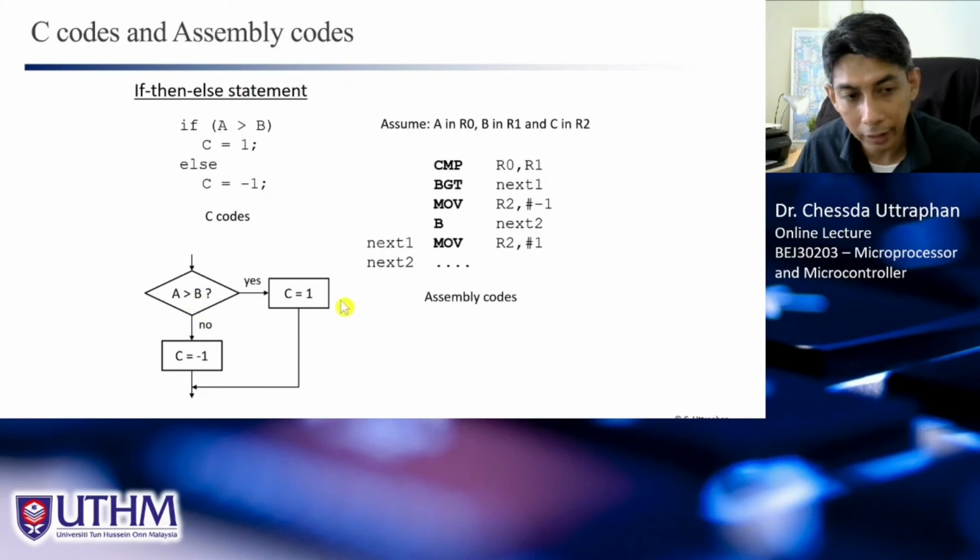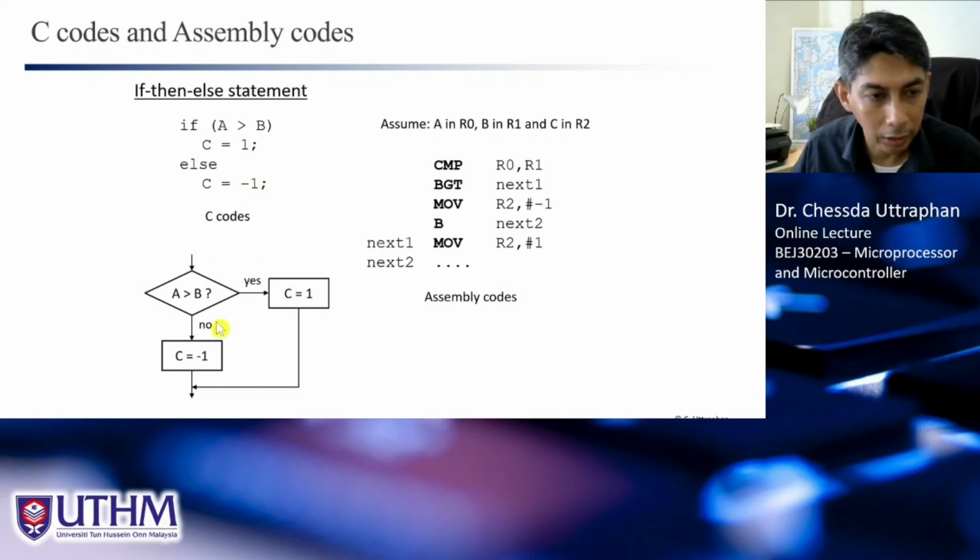For example, we have the condition and the flowchart like this, or in C programming, an if else statement, for example, right? When we compare in C programming, if A greater than B, we do this, C equal to 1. If not, or else less than B, or we call it else, C is equal to -1.